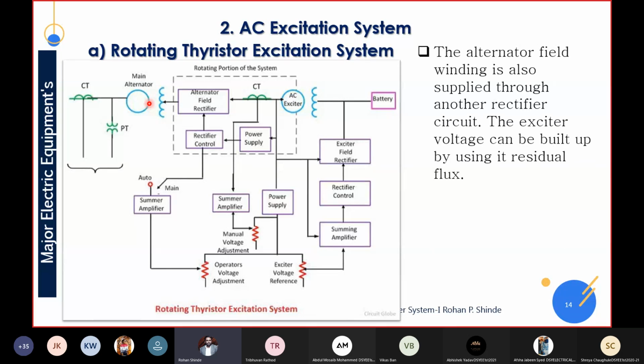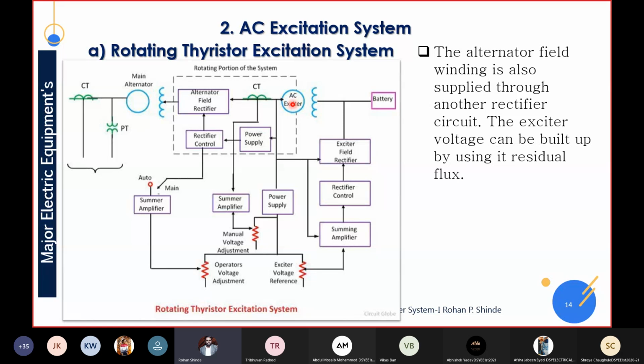The alternator field winding is also supplied through another rectifier circuit. The field or the exciter voltage can be built up by using the residual flux.